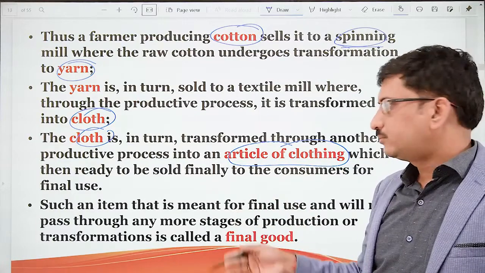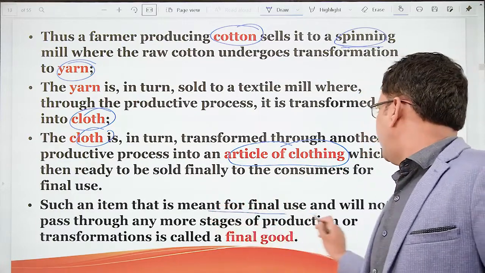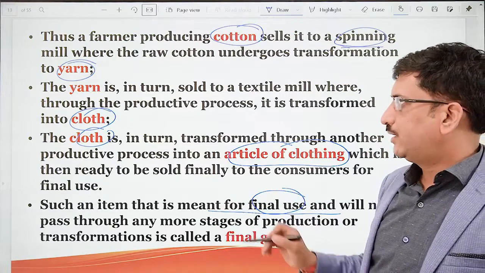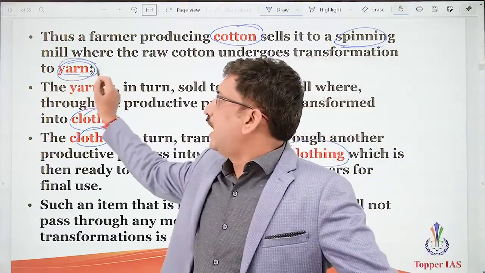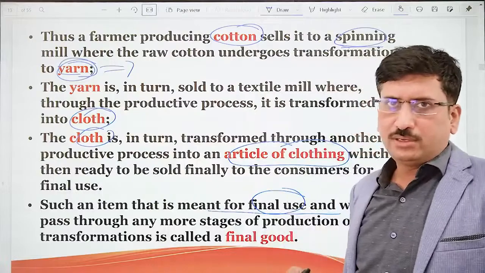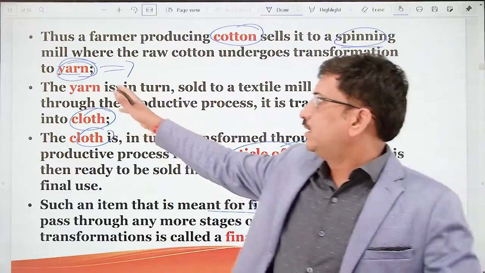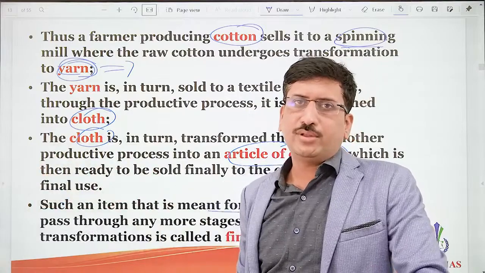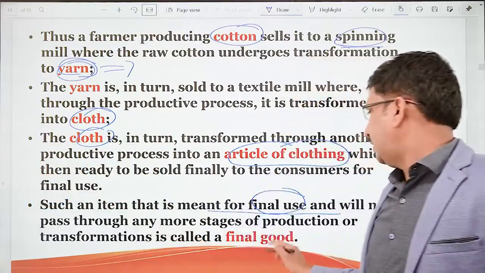So here, this item is meant for final use. Sometimes it is for final use. For example, just assume that this thread itself is used as a rakhi to tie on someone. That is the final good, correct?